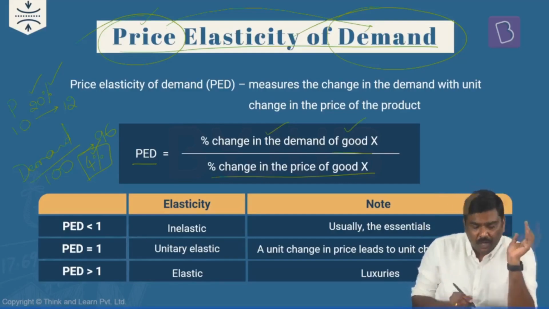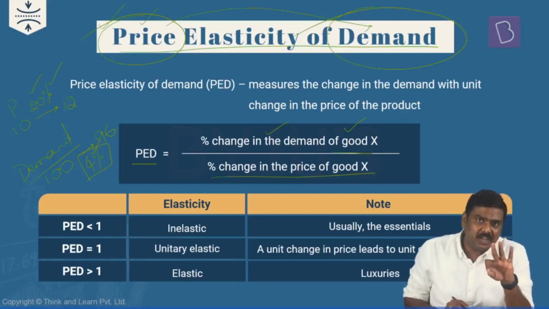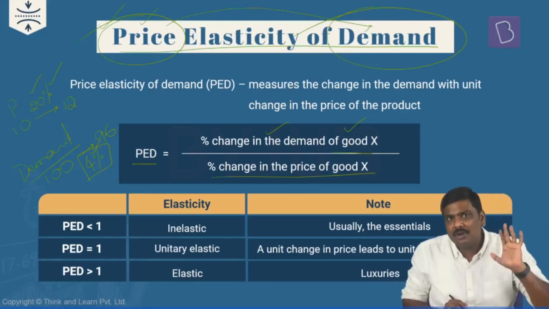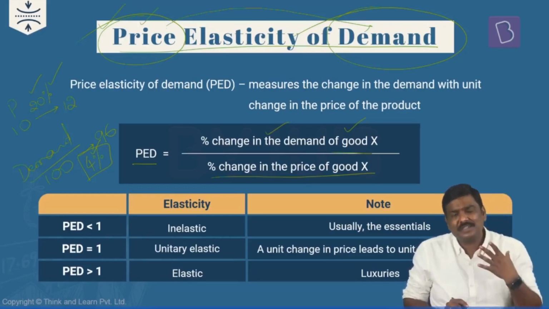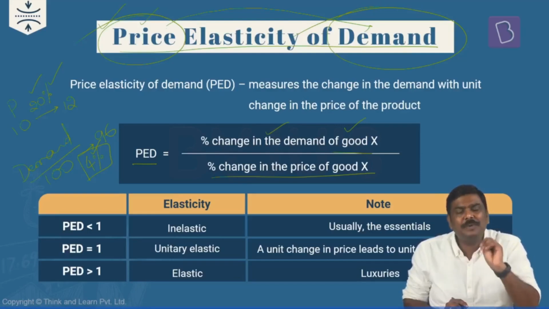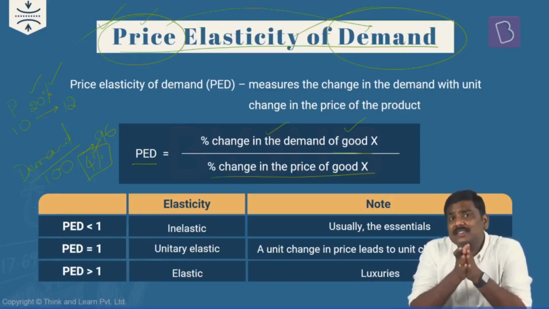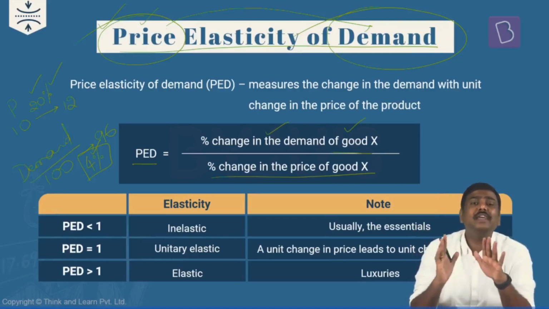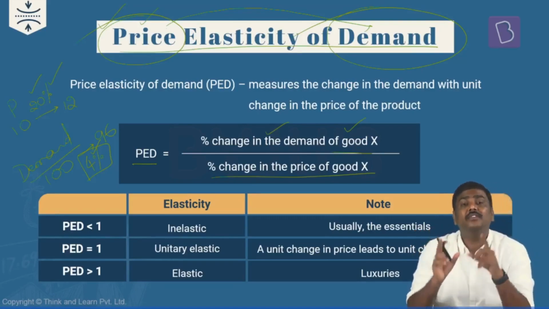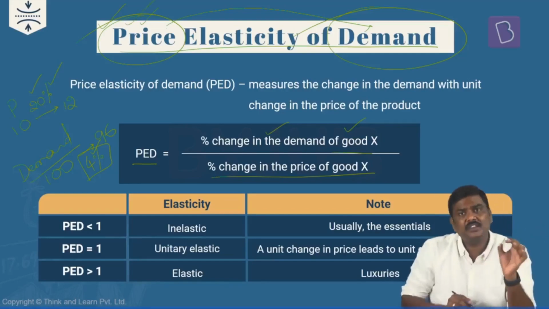Please be very careful. Yes, the demand has come down, so technically we must write minus 4%. But in case of price elasticity of demand, do not worry about symbols. Do not worry whether it is positive or negative, and apply this only in the context of PED.